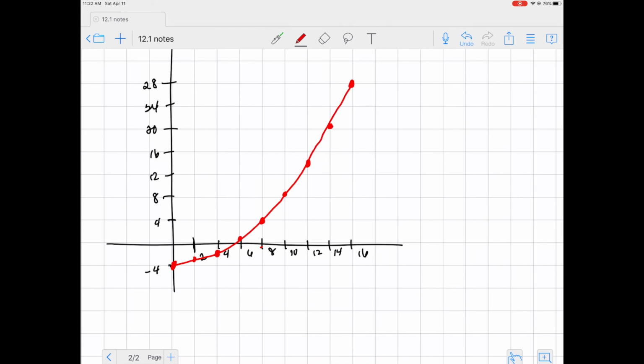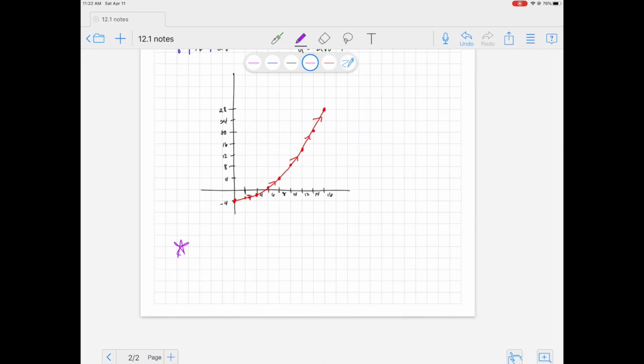Then you also have to put orientation on there. So a positive orientation is how the graph moves. We should have written that up above, but I forgot. Positive orientation is how the parameter increases.